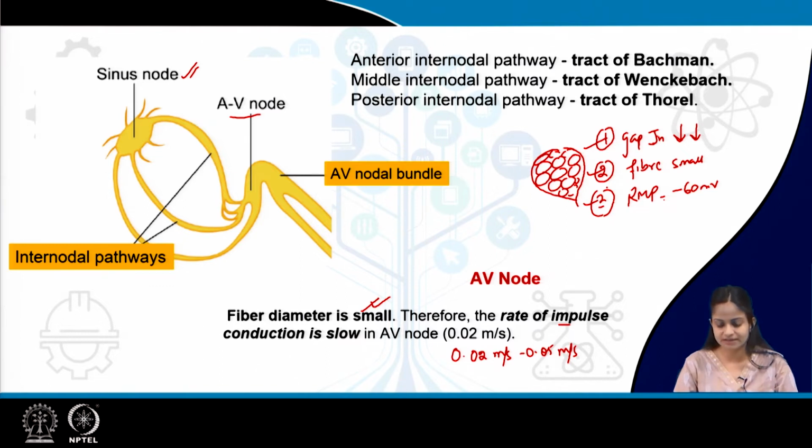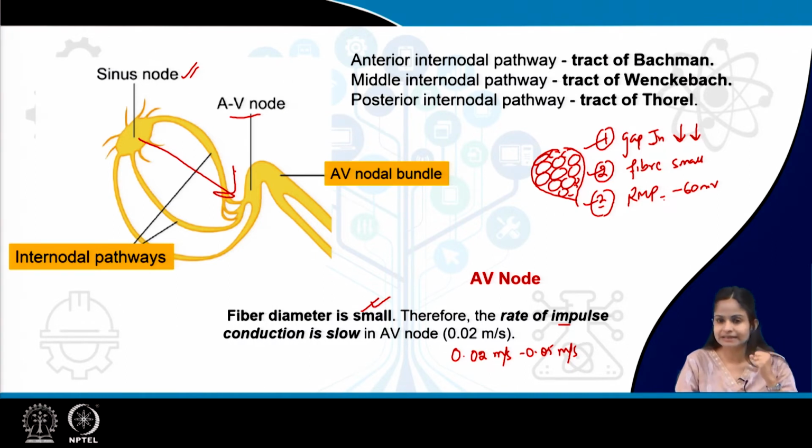Because of this slow conduction, there is usually a delay of 100 milliseconds or 0.1 seconds, and this delay is very significant. Whenever the impulse passes from the SA node to the AV node, depolarization is occurring. Depolarization is the electrical event. The mechanical event that occurs after the depolarization is the contraction.